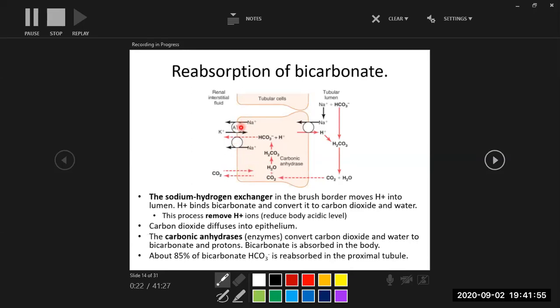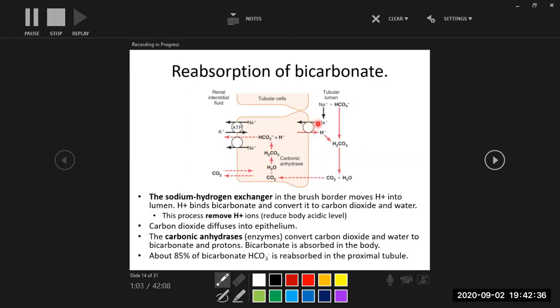It's right here, and it creates the low sodium environment. Then on the apical or luminal side, we have the sodium hydrogen counter transporter, or sodium hydrogen exchanger, sorry.